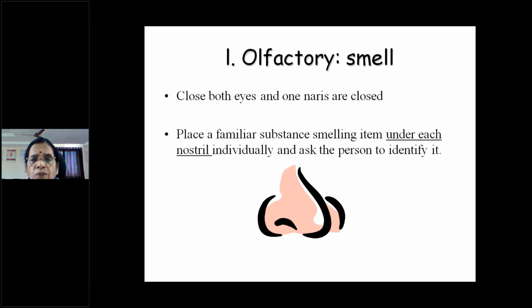Irritants like ammonia should not be used, because if you use an irritant, the sensation can be carried through the 5th cranial nerve. So use familiar substances like coffee powder or hing powder, test each nostril separately, and note it down.